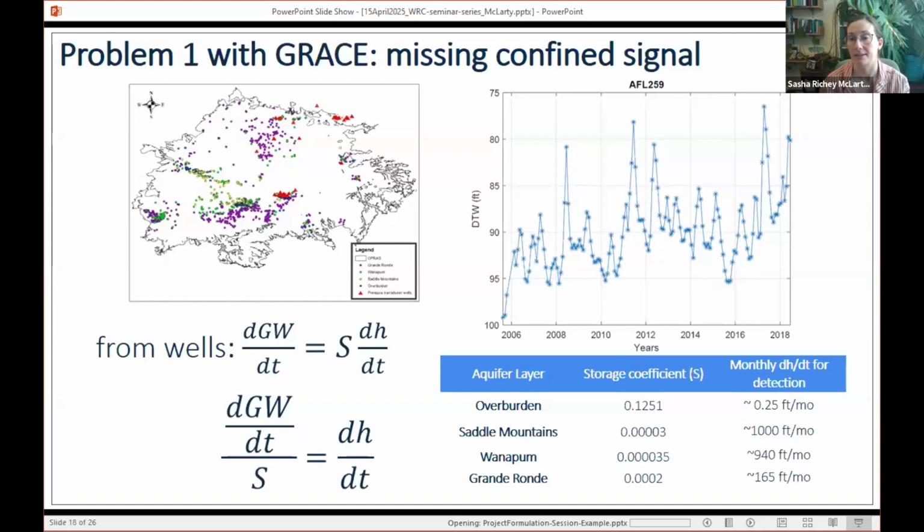That's pretty unrealistic, right? And so even if we look at larger seasonal drawdowns as opposed to the annual equilibrium measurements from spring to spring to spring, the head change required to be detectable by GRACE really does not show up in a realistic way in this conceptual exercise.